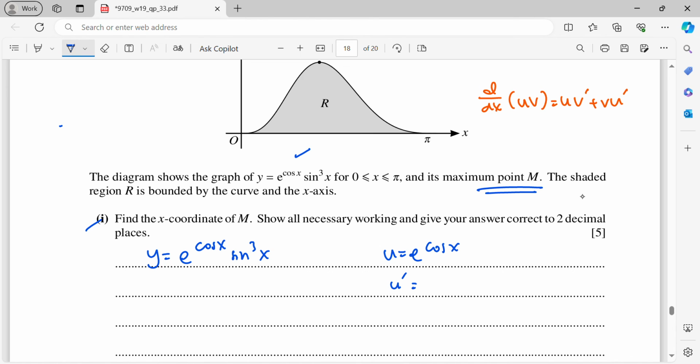Now u prime: differentiate e^(cos x), you copy back the whole exponential, then you differentiate cos x, it will be minus sine x. Your v is sine cubed x, which is basically the cube of sine x. So for v prime, you bring down the 3, rewrite the function, the power becomes 2, and differentiate sine x to get cos x. So basically this is 3 sine squared x cos x. That is your v prime.